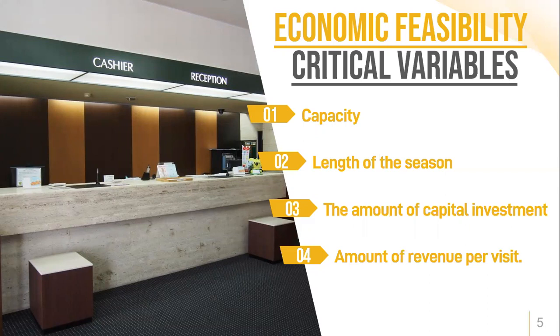First is the capacity of your resort. Second is the length of the season. Number 3 is the amount of capital investment, and number 4 is the amount of revenue per visit.